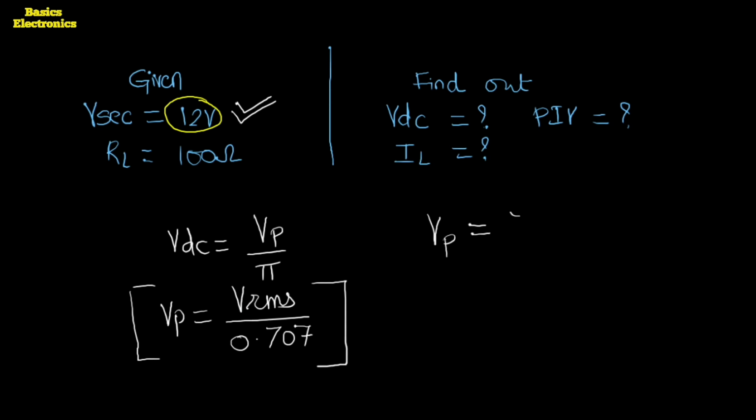You can derive another formula from this one, and if you know it, you can mention that formula for finding the peak voltage using the RMS value in the comment box. Okay, so we are using this formula to get the peak voltage.